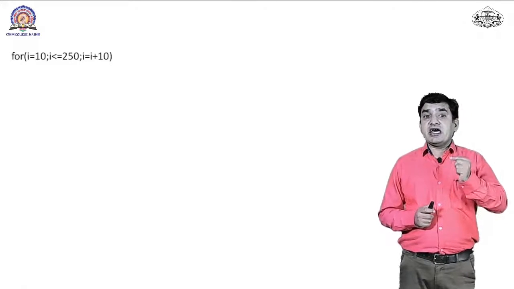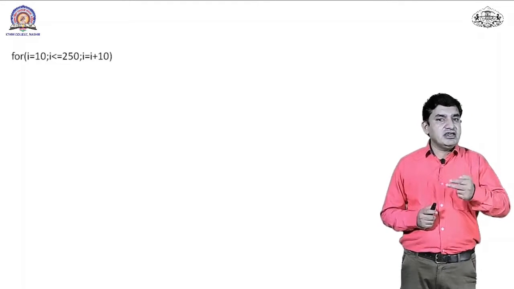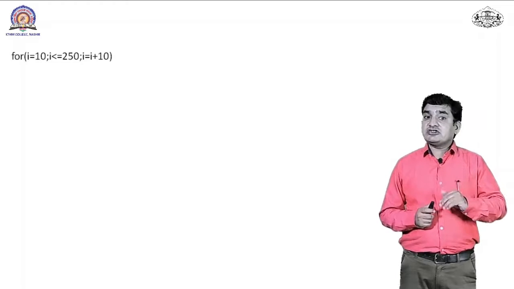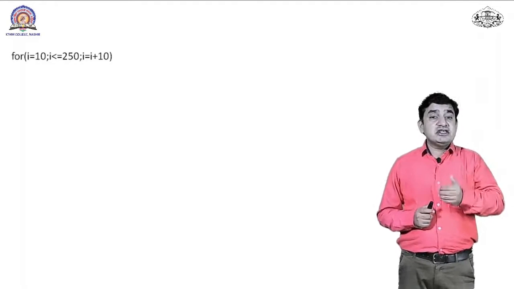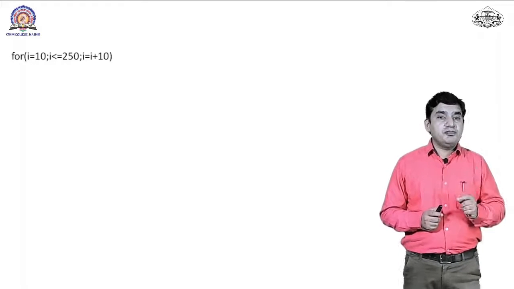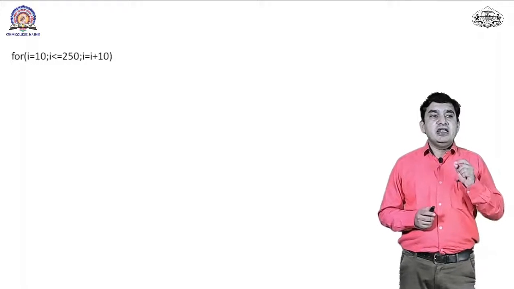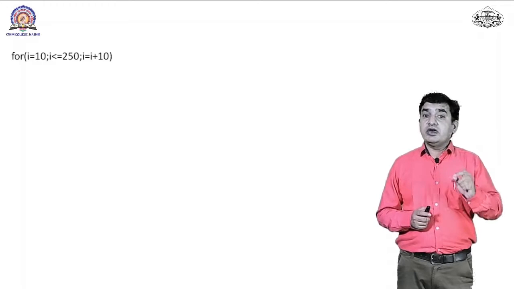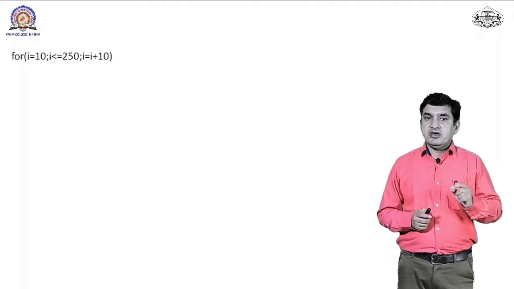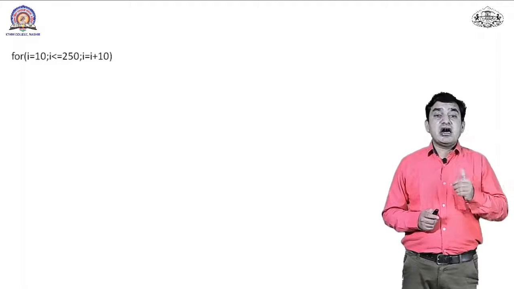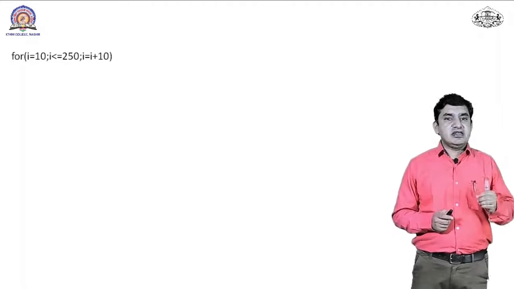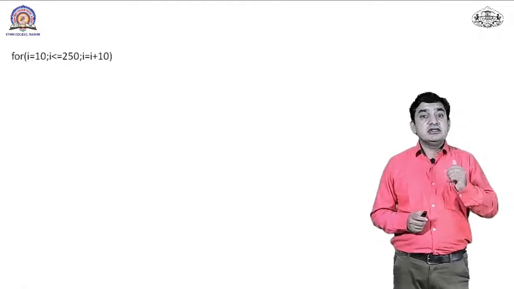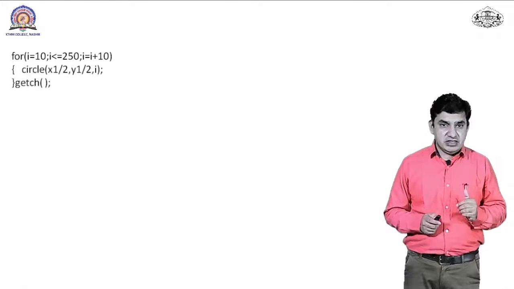This is carried out. The radius of the third circle is 30, the radius of the fourth circle is 40. This is carried out up to i less than or equal to 250. The concentric circles are drawn at the center of the screen.